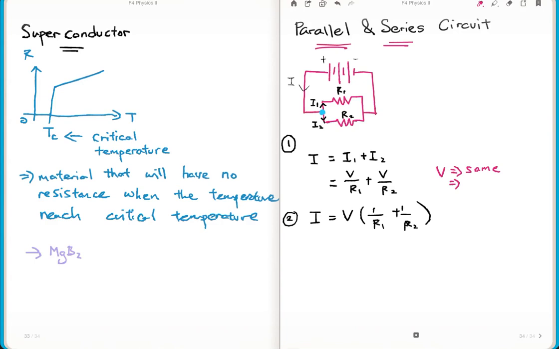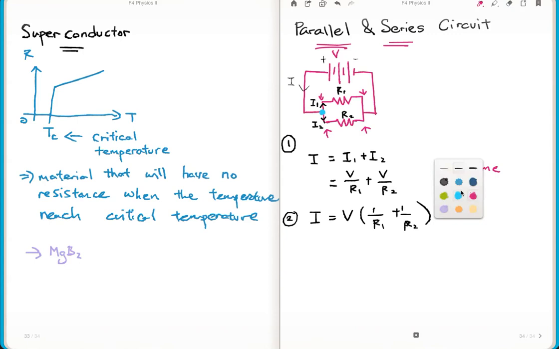So the potential difference at this point and this point will be the same as with this point and this point for a parallel circuit. The voltage across these two points is the same as across these two points because they are parallel. So this is the second characteristic, whereby the voltage is the same for the two loads.